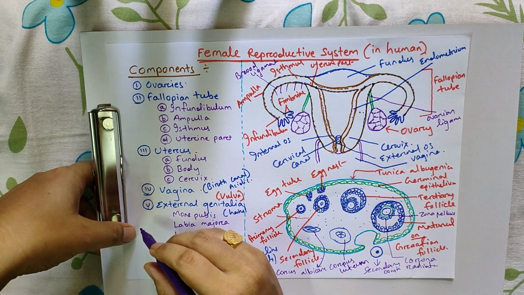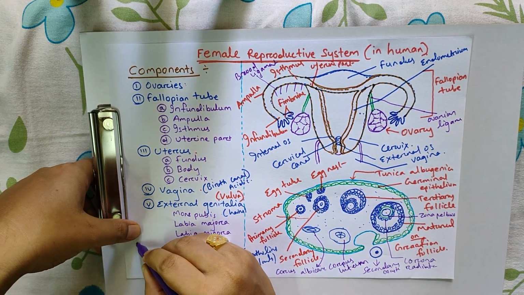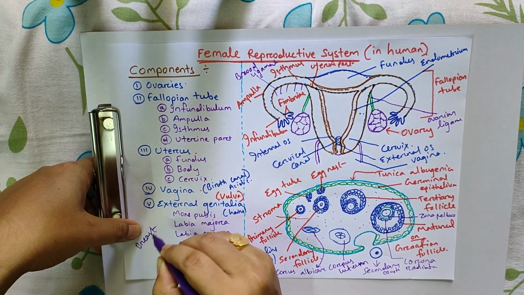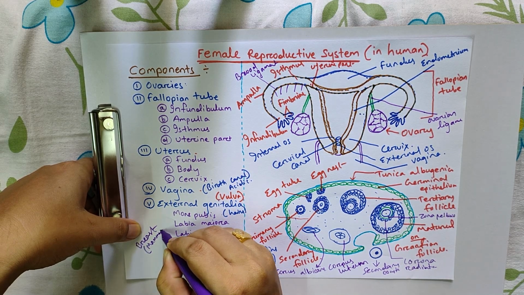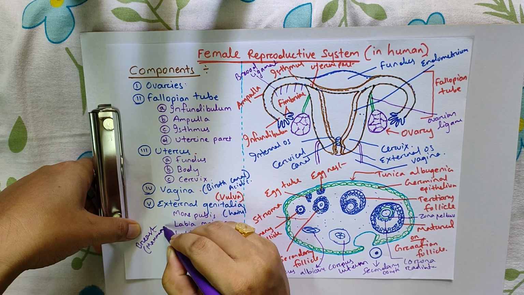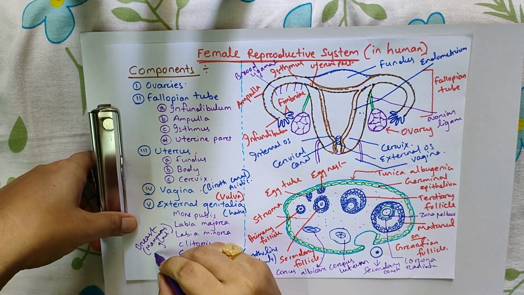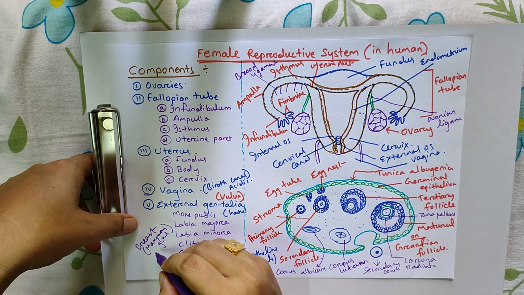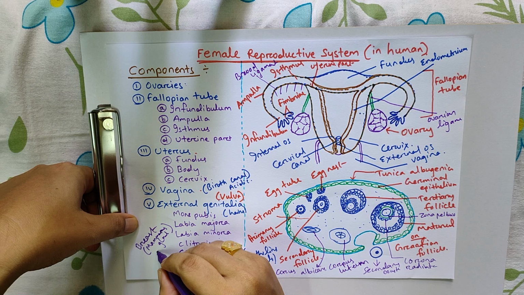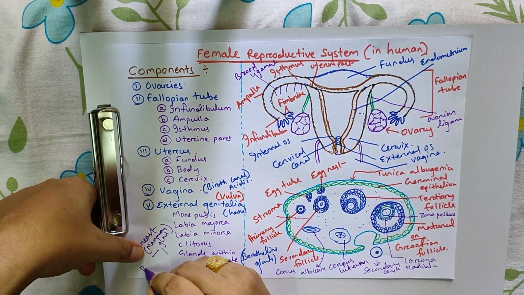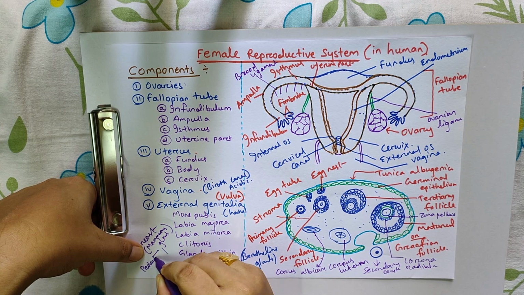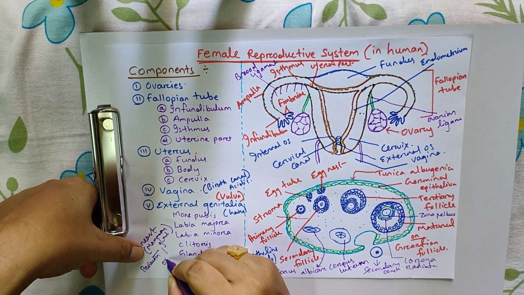Besides that, there is another structure called the breast or mammary gland. This is not part of the reproductive system. This is a secondary sexual character, and this gland is induced by two hormones: prolactin and oxytocin.